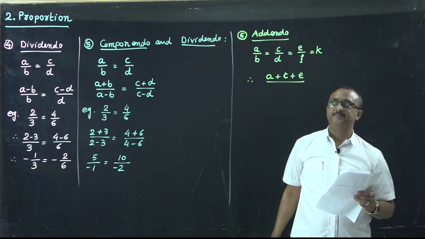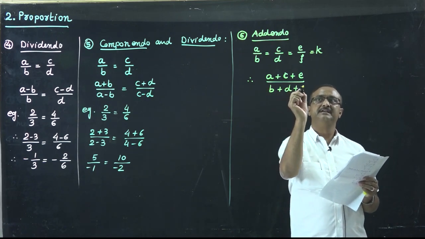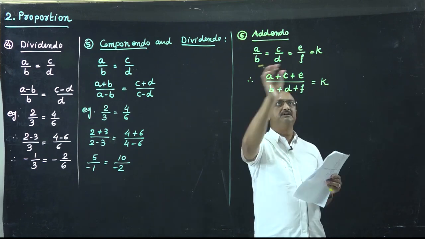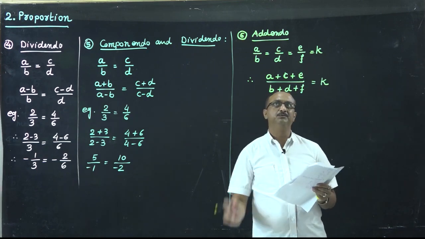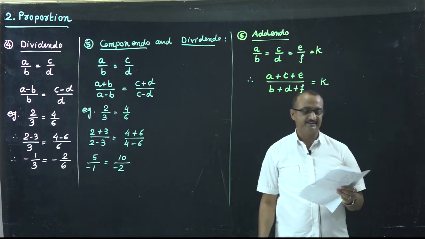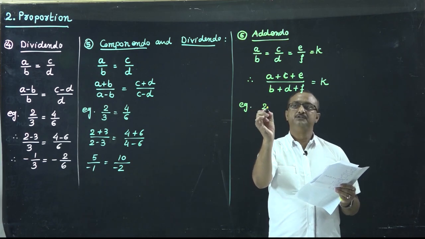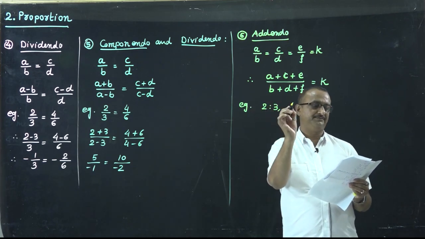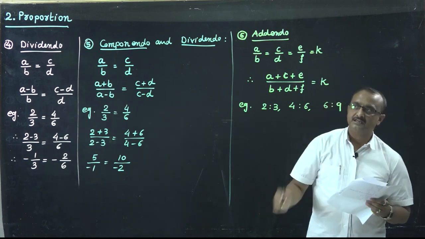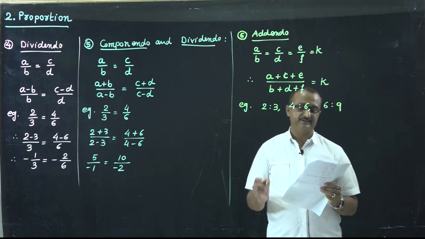A plus C plus E upon B plus D plus F equal to K. Total of numerator divided by total of denominator. For example, 2 is to 3, 4 is to 6 and 6 is to 9 are 3 terms in proportion, and we have to apply addendo here.